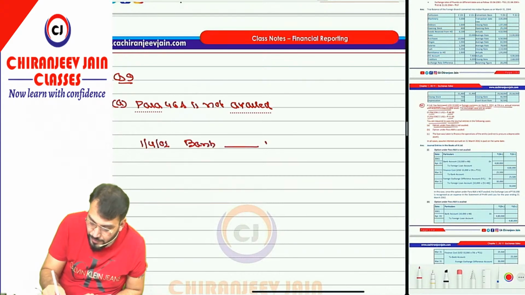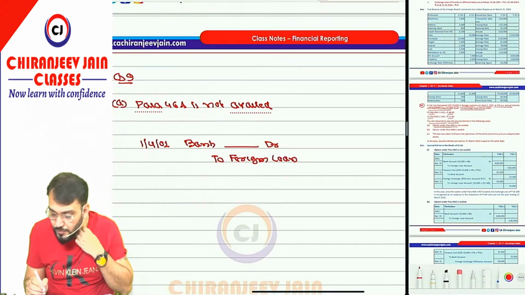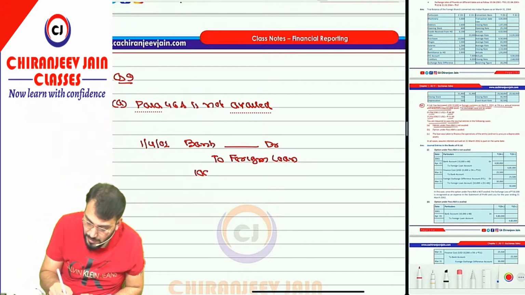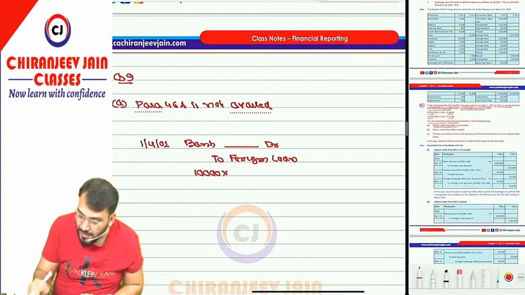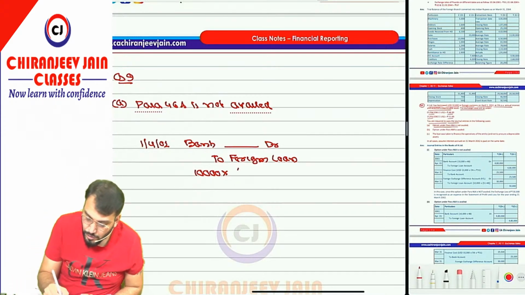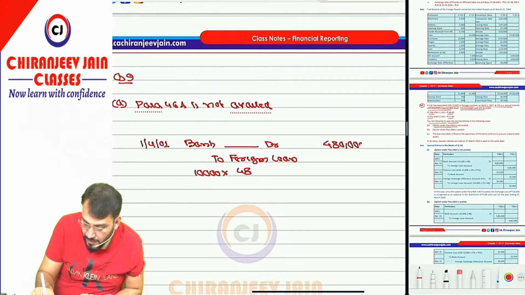Bank account debit to foreign loan. What amount have you taken? That is $10,000. At that point of time, what was the exchange rate? It was 48. So you will do it at the transaction date rate, that is 4,80,000.